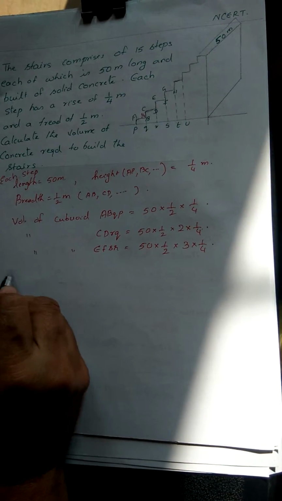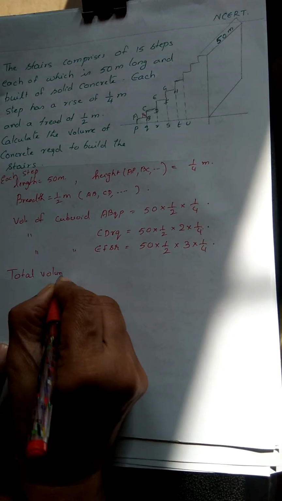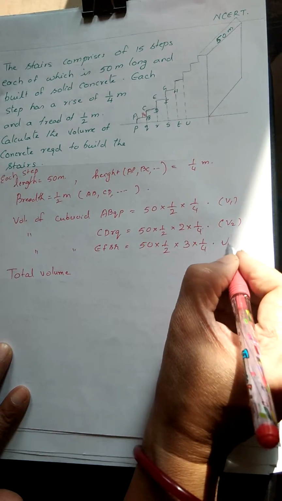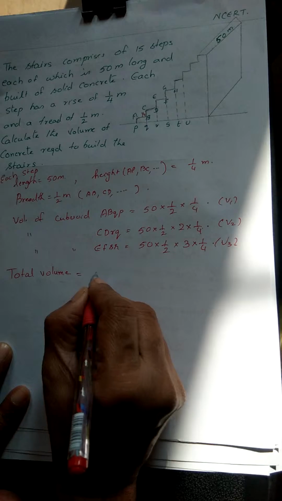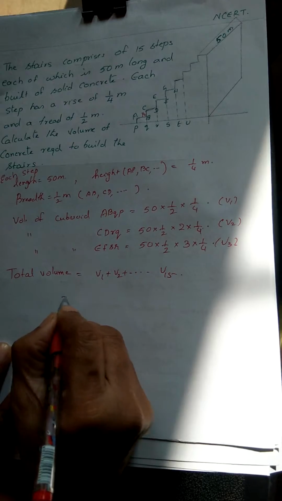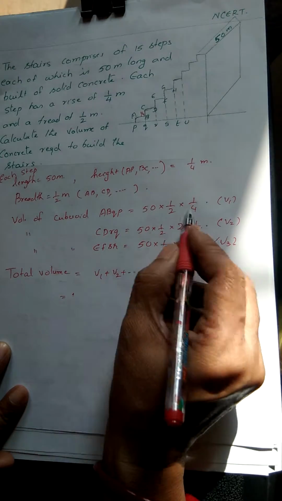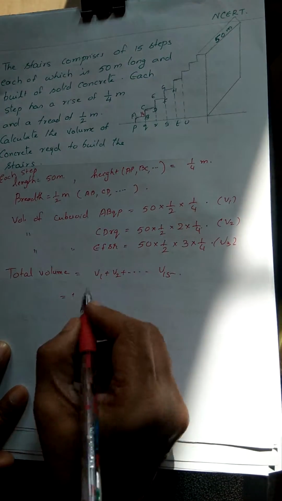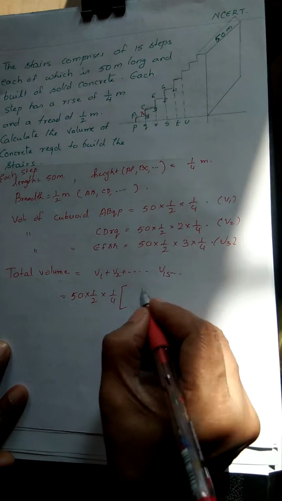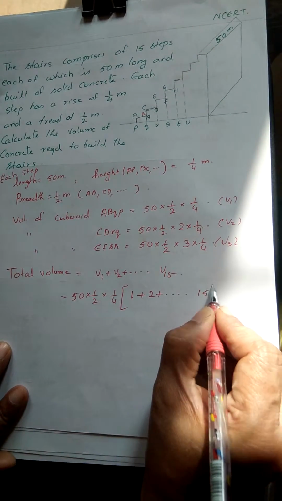So now the total volume is equal to, let these be V1, V2, V3, etc. So the total volume will be V1 plus V2 plus etc. V15. So we have to add these. So 50 into half and 1 by 4 we can take out. So 50 into half into 1 by 4, into the first term 1, the second term 2, plus etc. till 15.